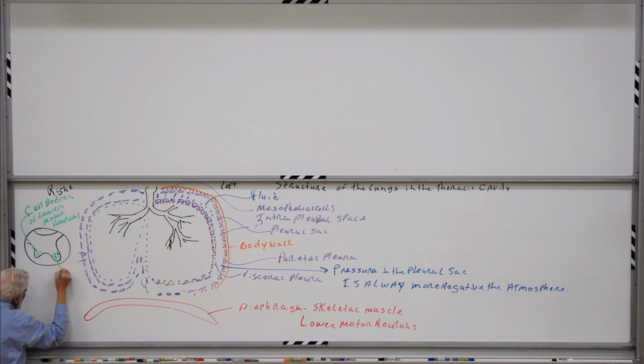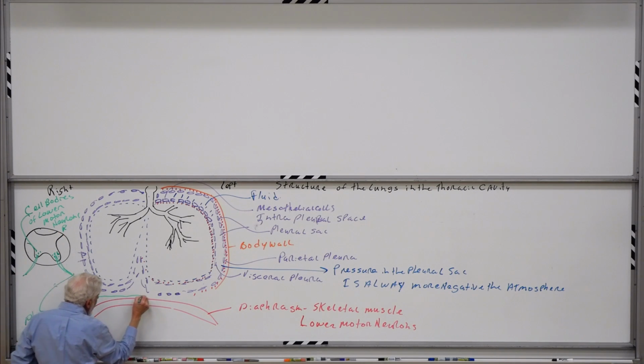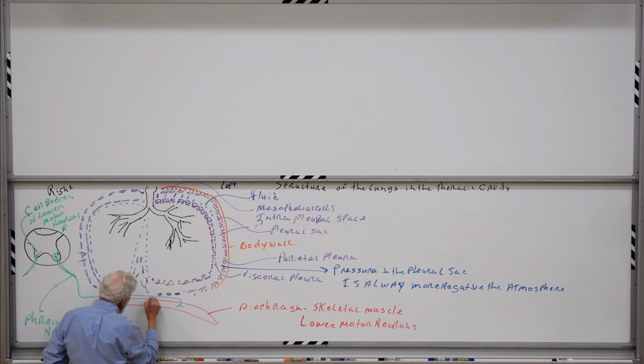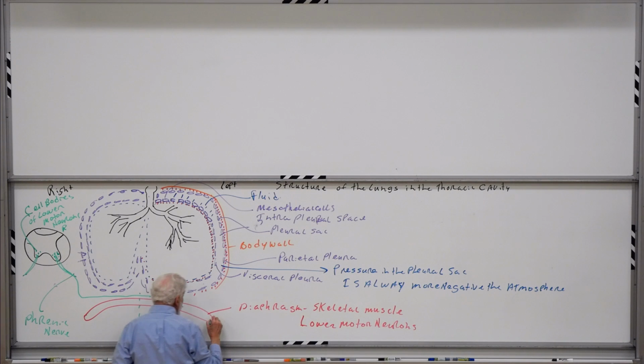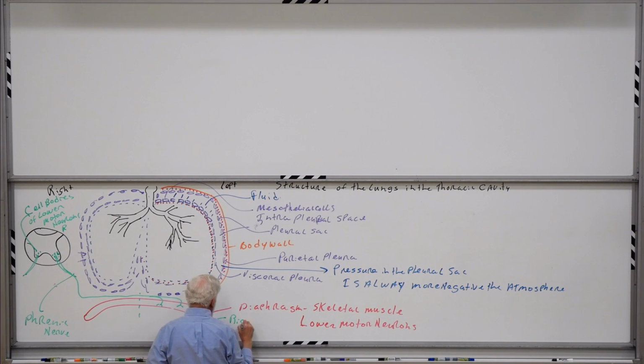They send processes out into the periphery. These processes enter a structure known as the phrenic nerve. The processes on the right side of the spinal cord find their way out and innervate the so-called right hemidiaphragm.